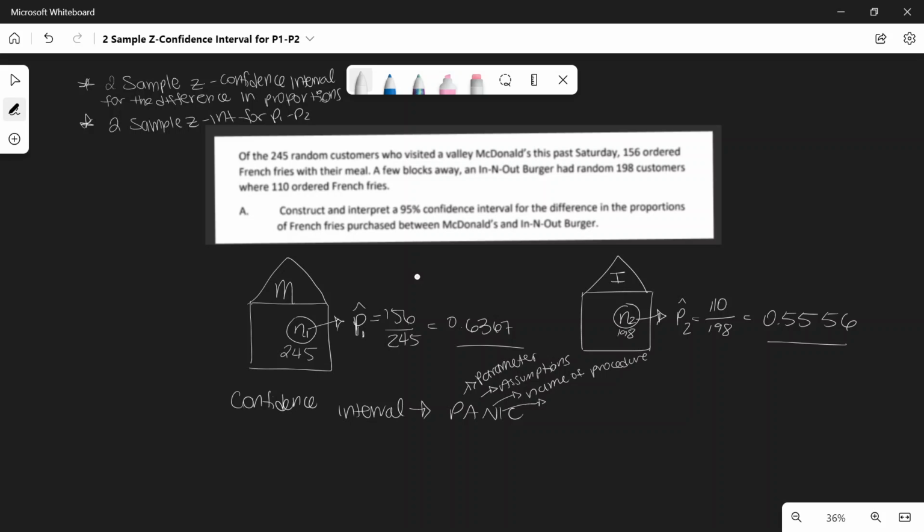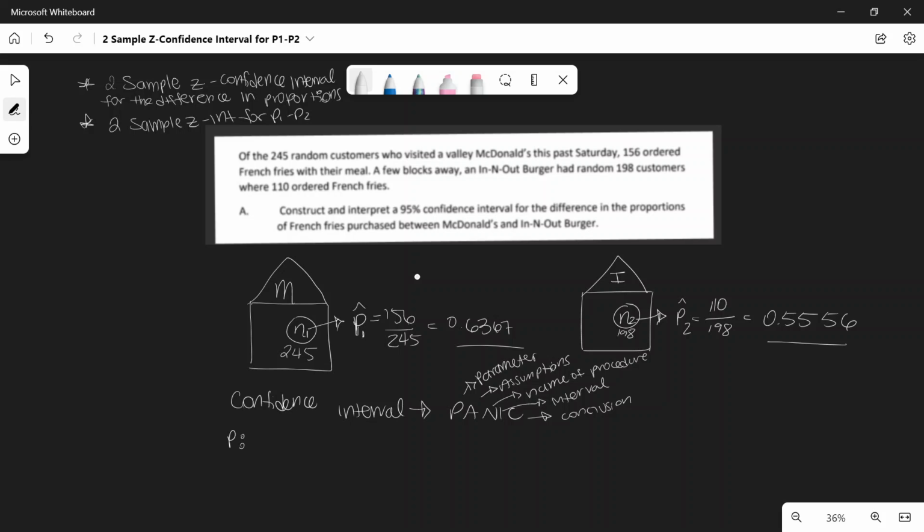I stands for actually calculating the interval, so the interval. And then C stands for conclusion. Okay, so we're going to start with P. So the P is the parameter, and we have to basically define what the two parameters are.